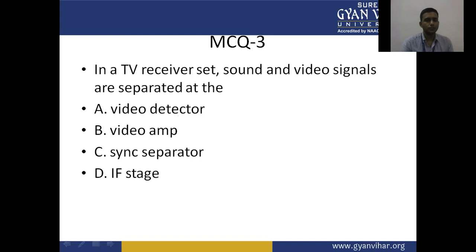Multiple choice question number three. In a TV receiver set, sound and video signals are separated at the A, video detector, B, video amplifier, C, sync separator, D, IF stage.